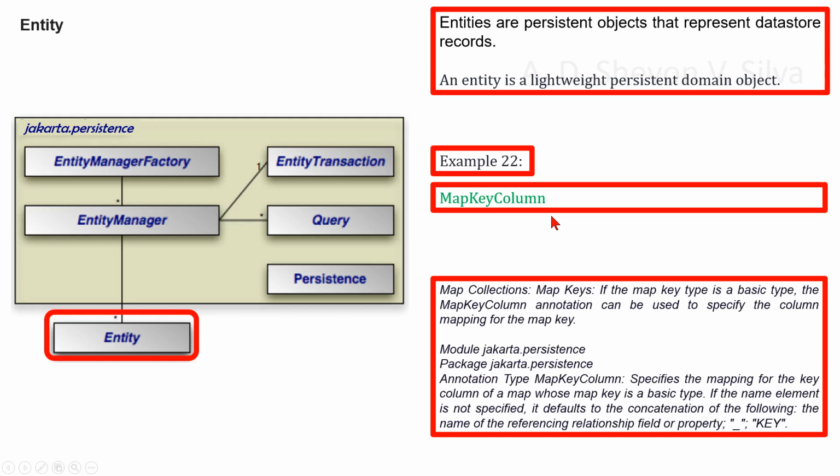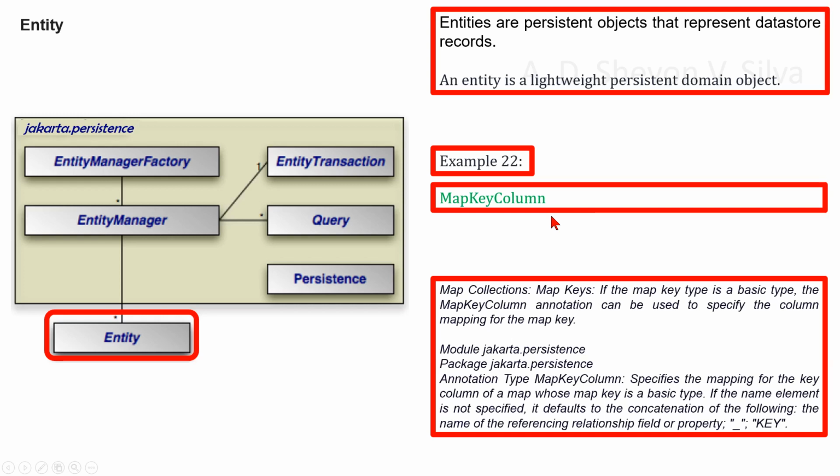The AttributeOverride and AttributeOverrides annotations can be used to override these mappings. If an embeddable class is used as a map key, the embeddable class must implement the hashCode and equals methods consistently with the database columns to which the embeddable is mapped.